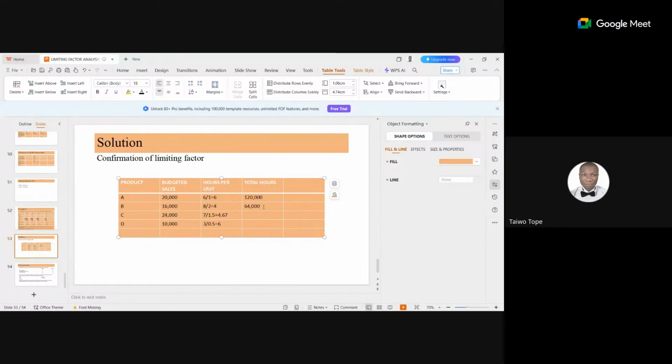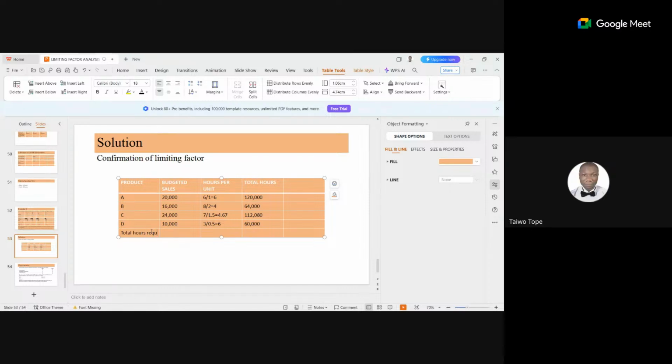And 4.67 times 24,000, we have it as 112,080. And for D, 60,000. So the total hours required will be what? 356,080.